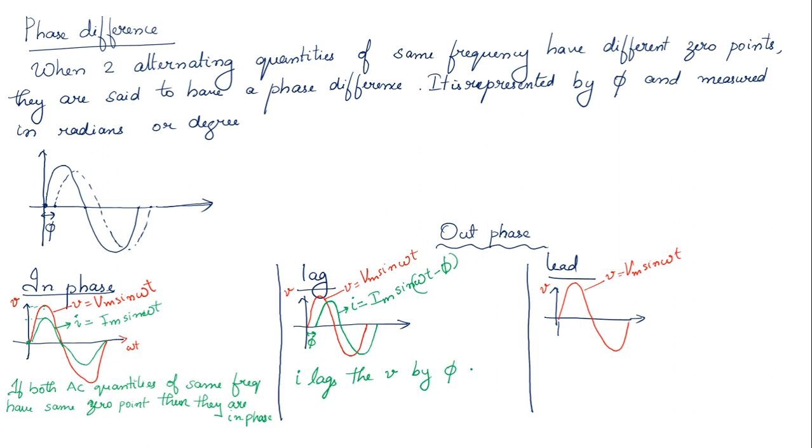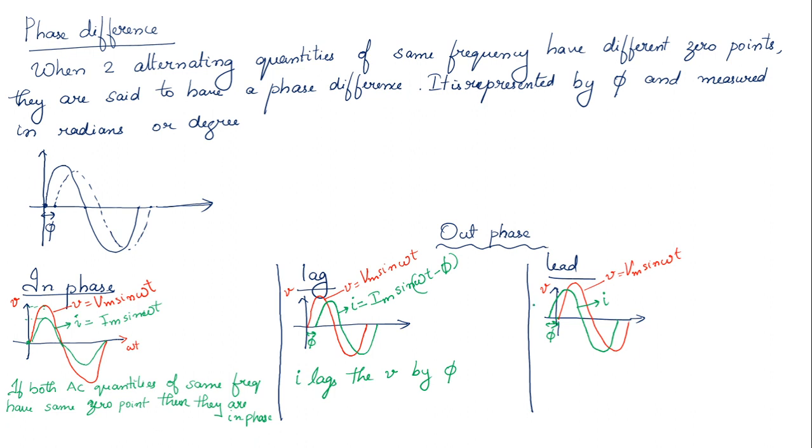Okay. Now let's move on to the lead concept. In lead, the current I am going to draw a little bit early than the voltage, or can say almost 5 degrees earlier than voltage. I can represent the current equation as we already studied how to represent it.